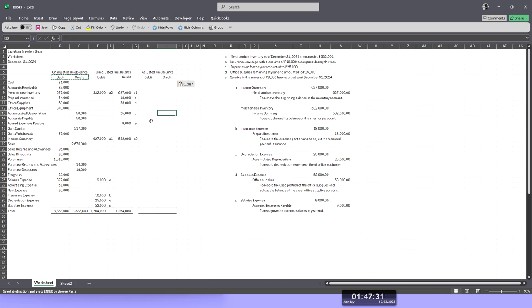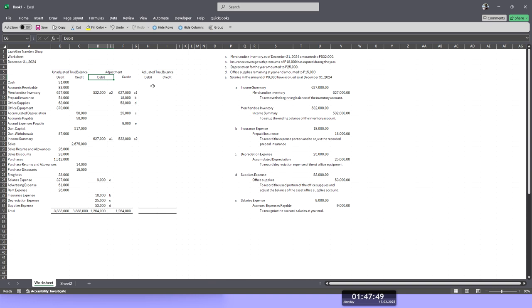Okay, and for the adjusted trial balance, we will merge the balances in the unadjusted trial balance and the adjustment columns. So this is the adjustment columns.